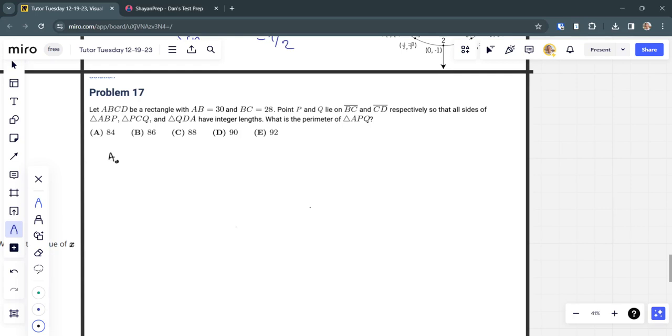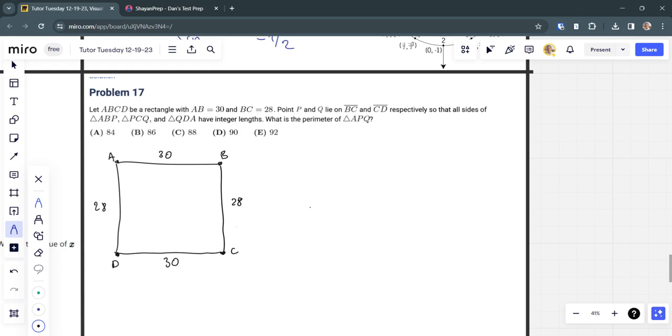So A, B, that's 30. This one is slightly shorter at 28. And from here to here, D is 28. That's 30.